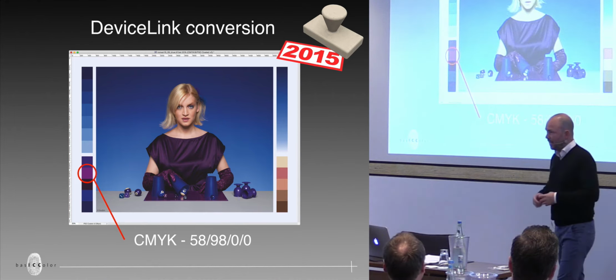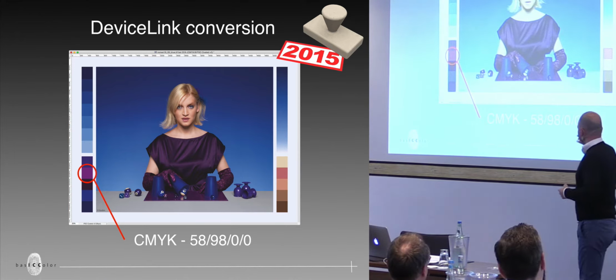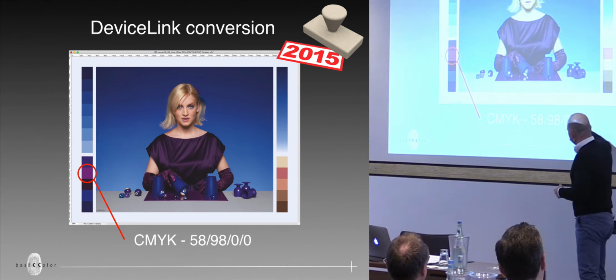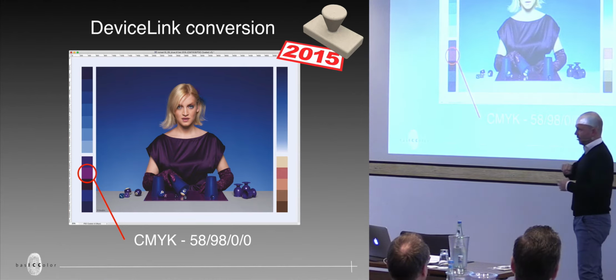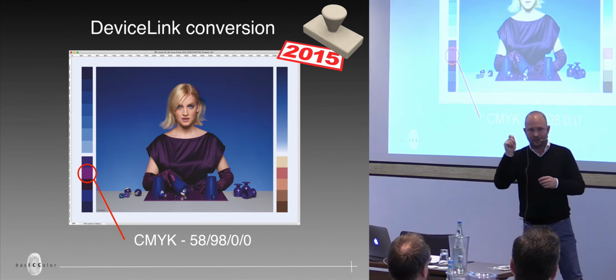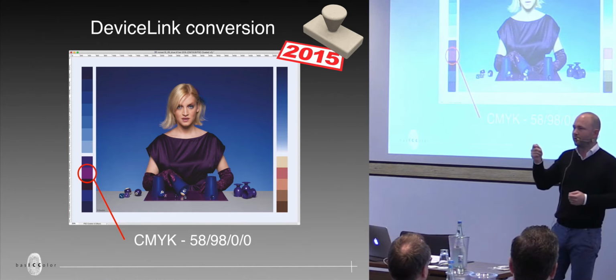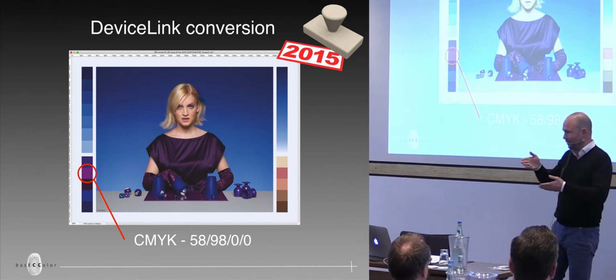And here with the DeviceLink, I had the possibility to say, okay, keep secondaries, so that my secondary colors won't be infected with yellow and black. Of course, if I'm calculating delta E, it's probably 0.4 less accurate than the other transformation.